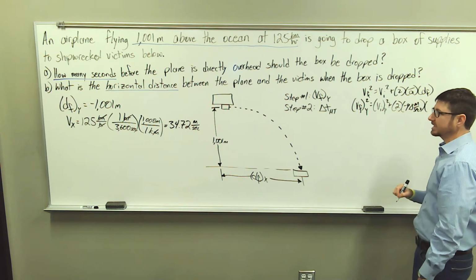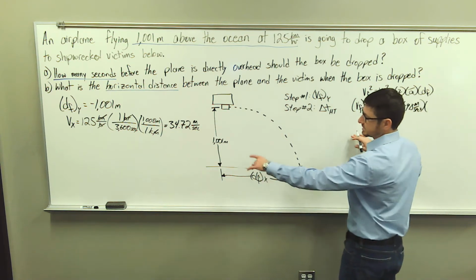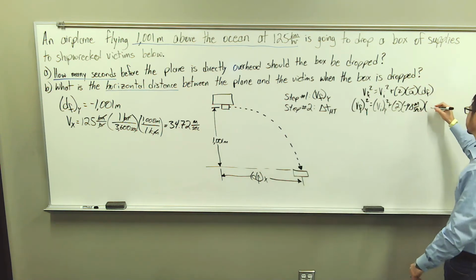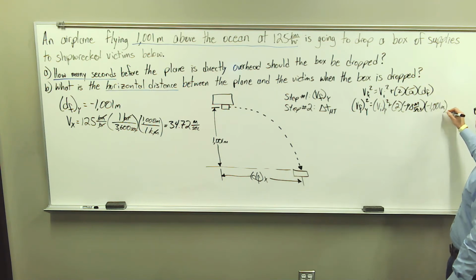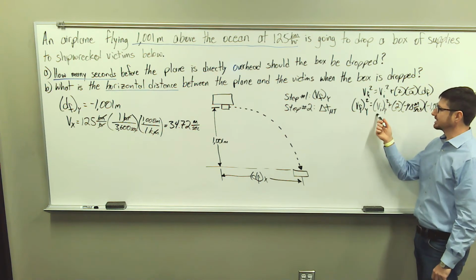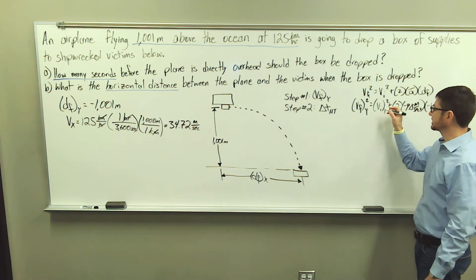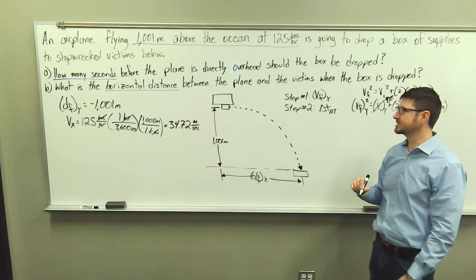And our displacement in the y direction is negative 1,001 meters. Now the easy thing about this situation is our initial velocity in the y direction is 0, and we know that 0 squared is still going to be 0.